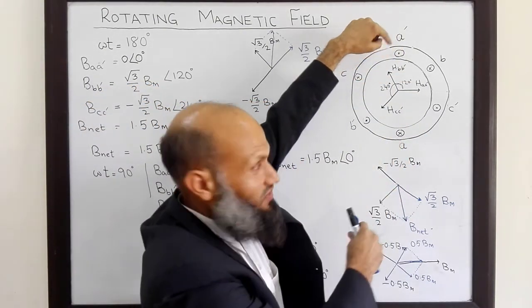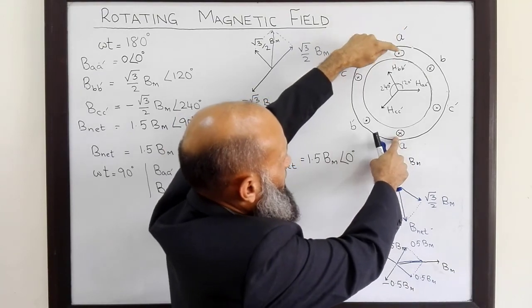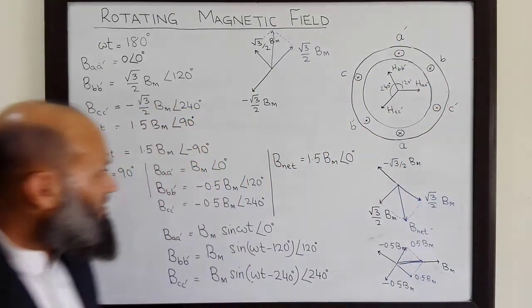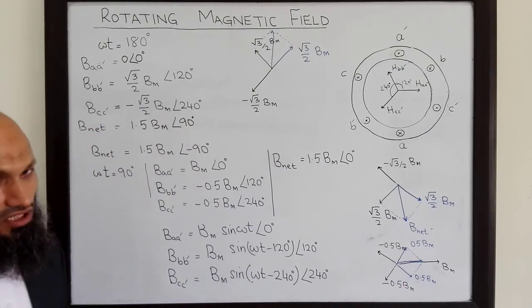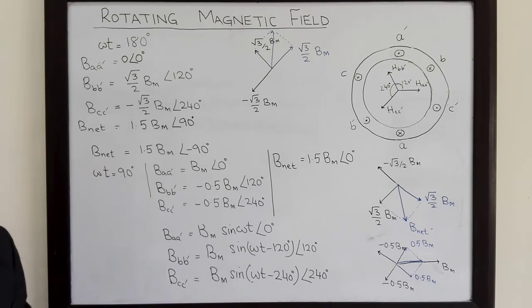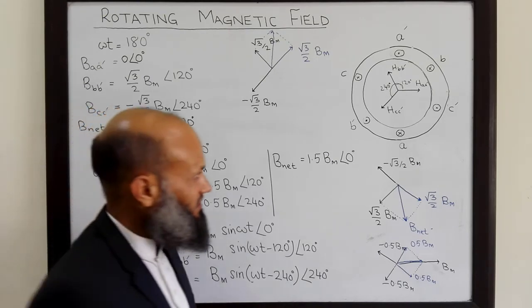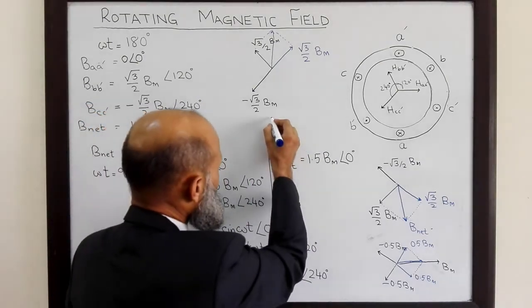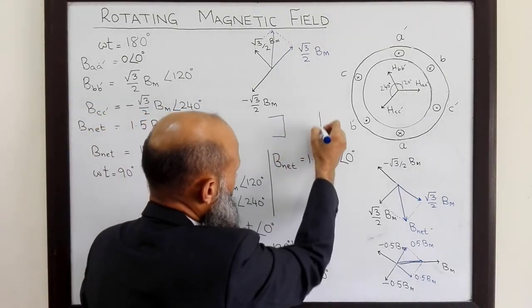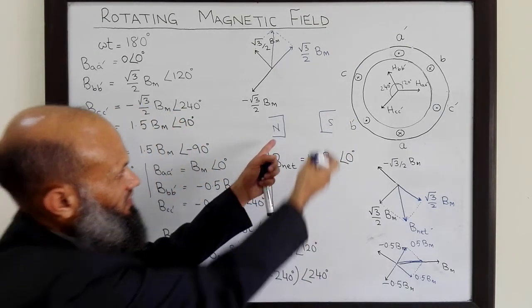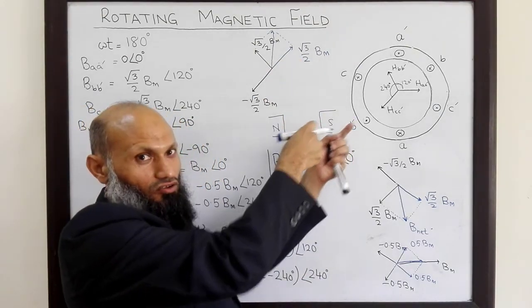That is, this arrangement of a set of three-phase coils placed at 120 degrees from each other and supplied with three-phase currents will produce a uniform rotating magnetic field. Its effect is basically exactly the same as if the two poles, north and south poles, were placed over here and rotated.